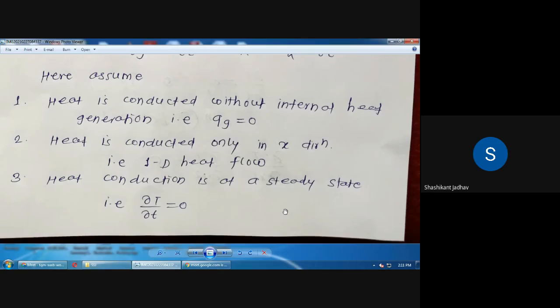Three assumptions are there: internal heat generation is zero, heat is conducted only in the x direction, and heat conduction is at a steady state. By using these assumptions, we have to derive the equation.